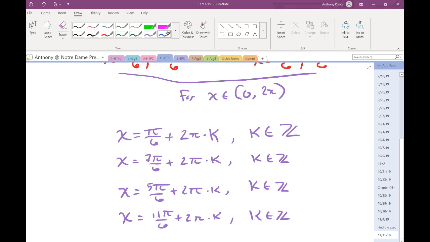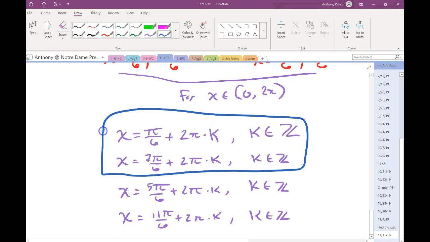So take a look at these answers here. There's actually a more compact way to write this. Specifically, look at these two answers, pi over 6 and 7 pi over 6.